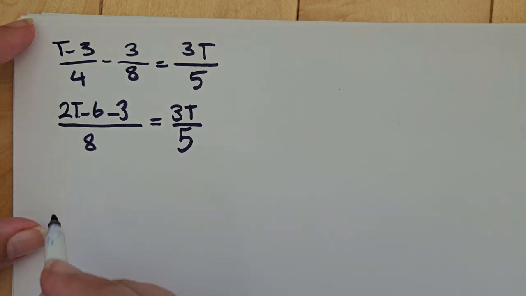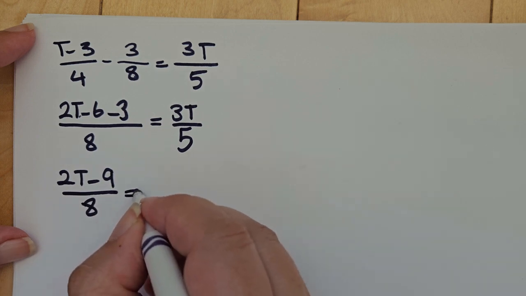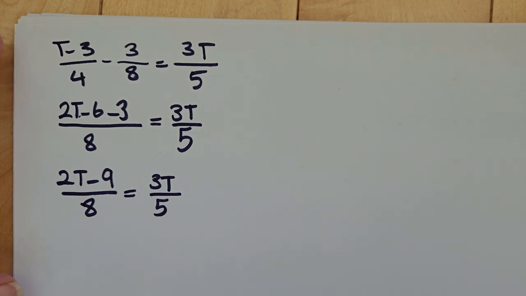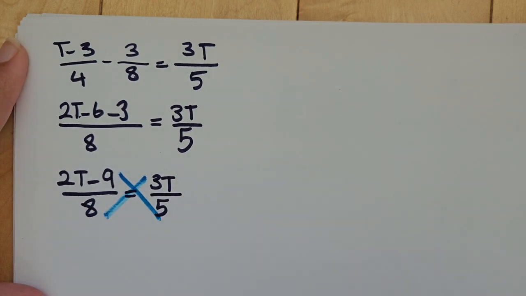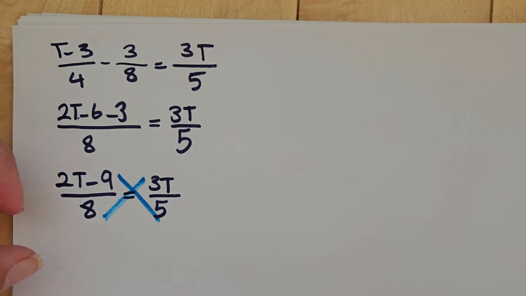Add the like terms. That would be 2t minus 9 divided by 8 equals 3t divided by 5. Here, remember, you have one fraction this side, one fraction this side. So the most important and the easiest method to use would be using a common denominator.